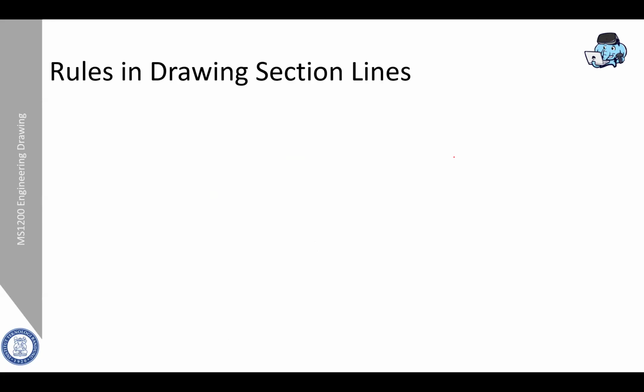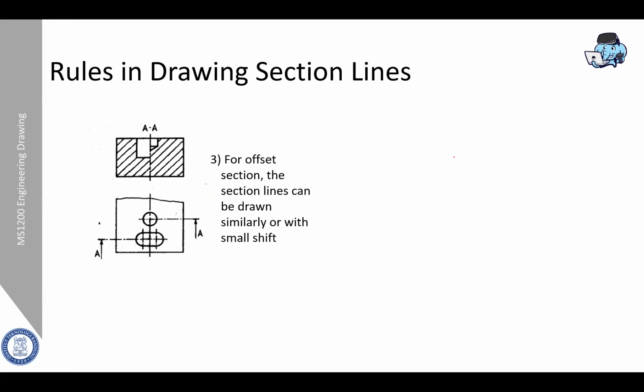Oke. Baik. Third one. For offset section, the section lines can be drawn similarly or with a small shift. Like this one. Actually, if you draw this similarly, it is okay. No problem. Yeah, with the same line. It is okay.